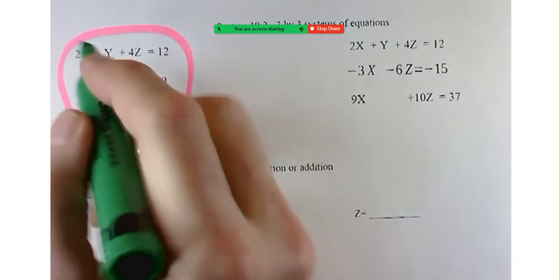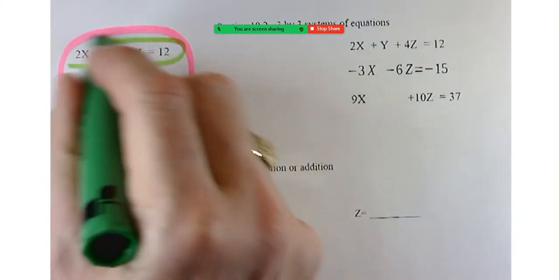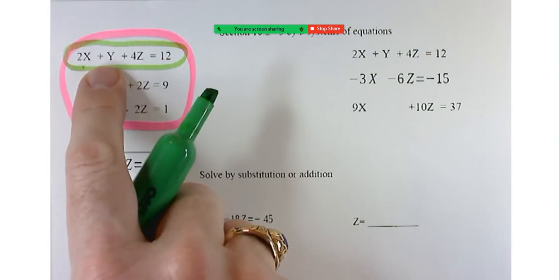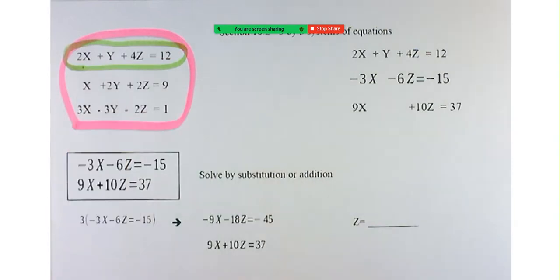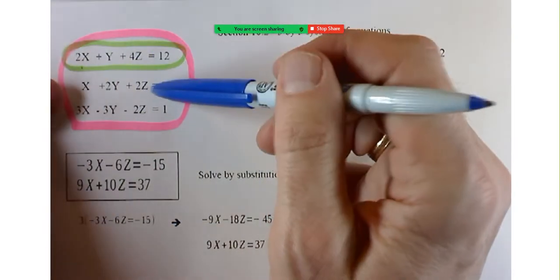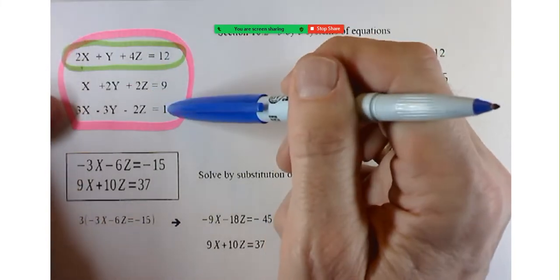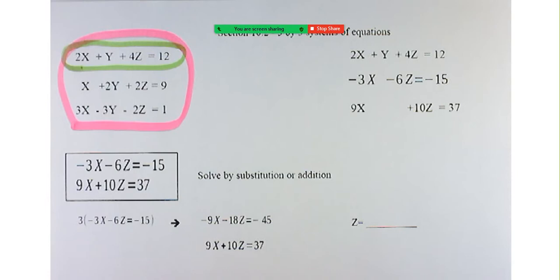In this case, the first equation has a coefficient of 1 for the y. So I'm going to choose that one. And notice I'm circling it because I'm going to use that equation twice. I'm first going to eliminate the y from this equation, and then I'm going to use this equation again to eliminate the y from this equation. So let's see what that looks like.